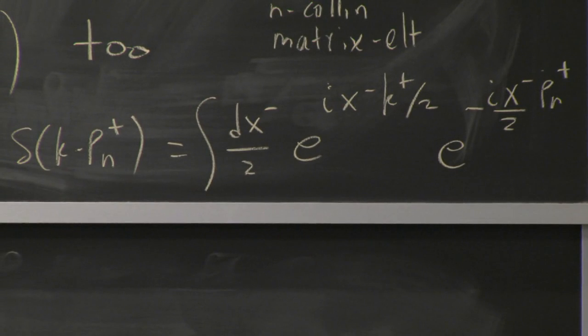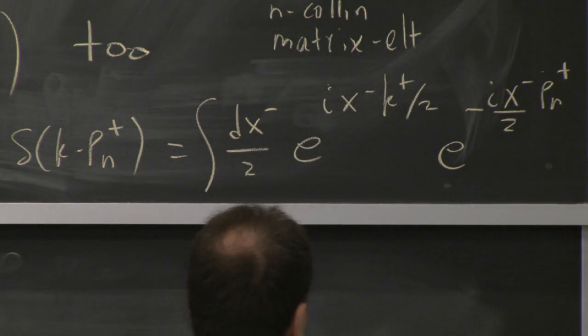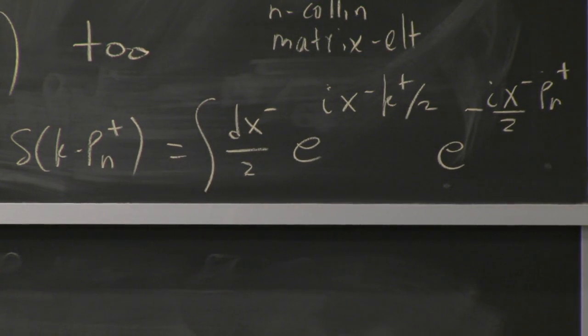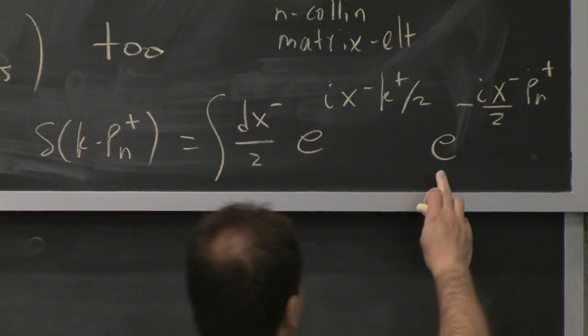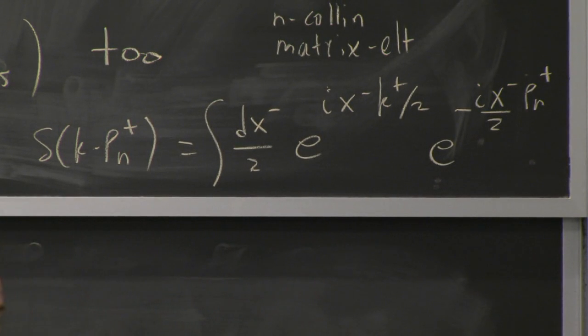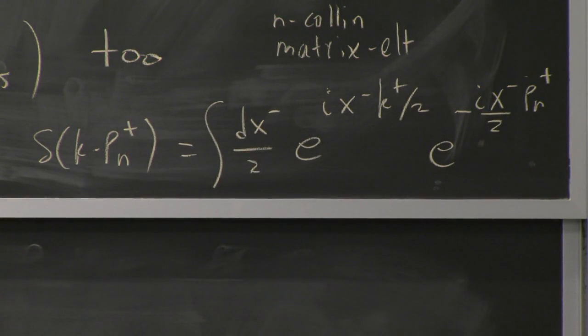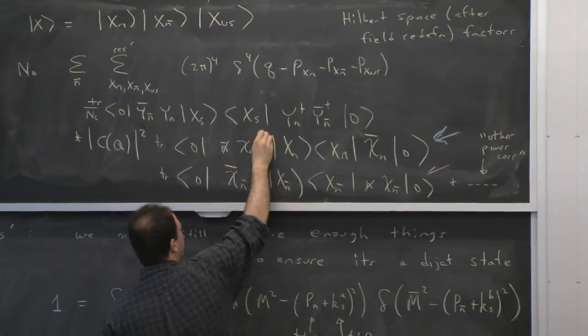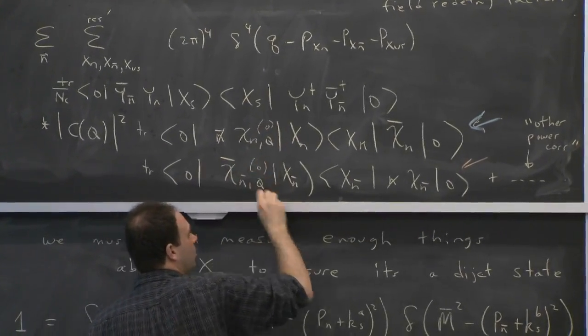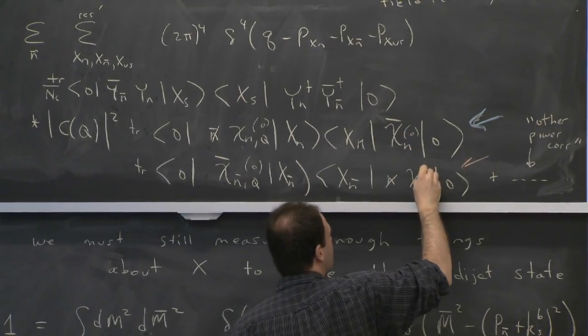Okay, so this guy here, which is the guy that is associated to the state, it looks like a translation operator, right? If you have an e to the i x dot p, you can put that into your matrix element, and you can translate the fields, which are in this formula all at 0. They're all at space-time 0.